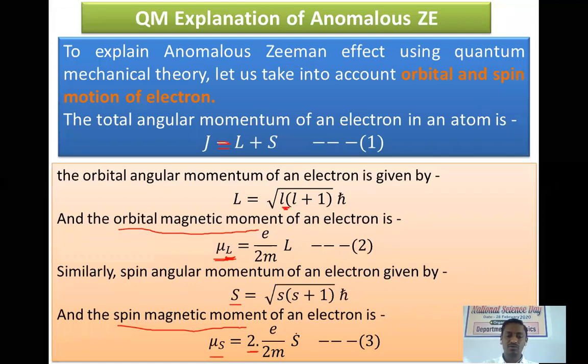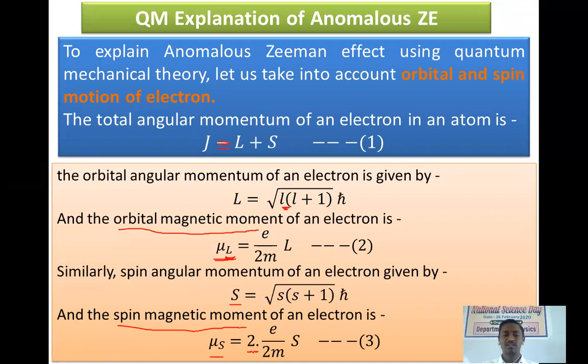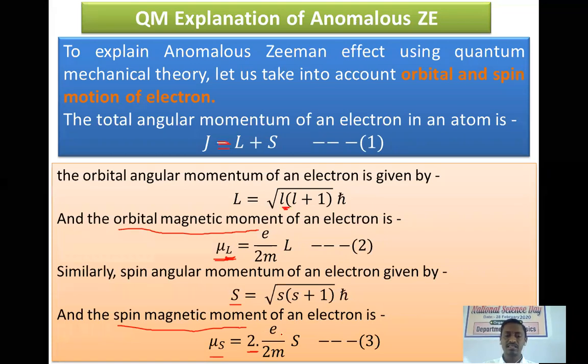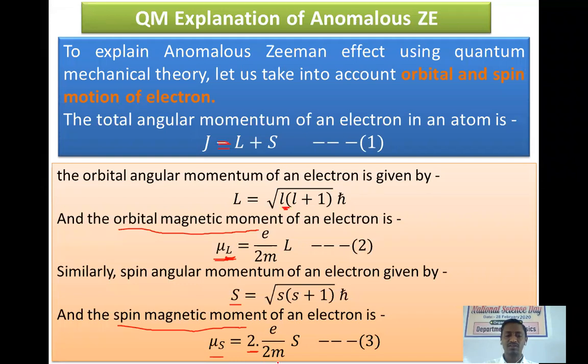So this is the spin magnetic moment and orbital magnetic moment of an electron, denoted by equations 2 and 3.